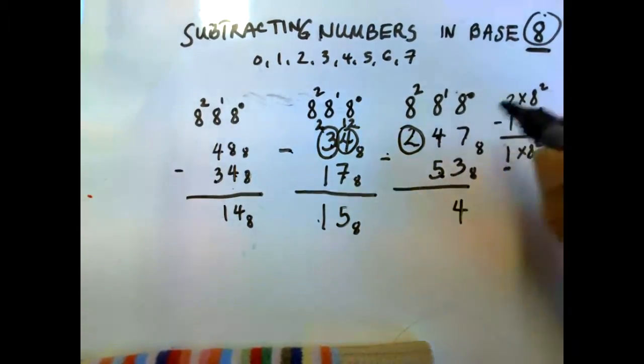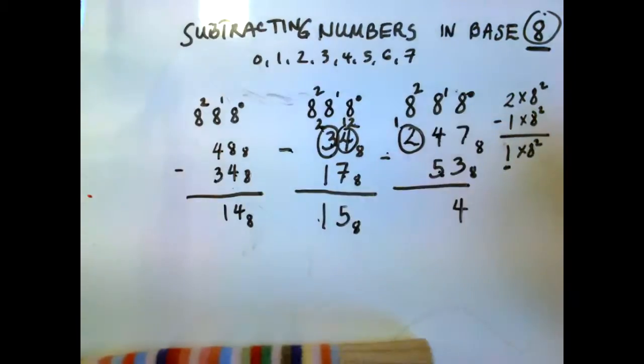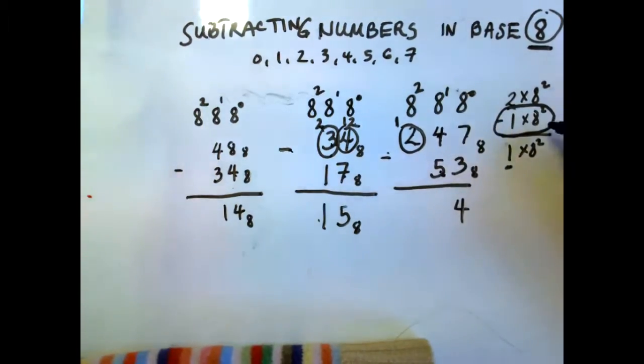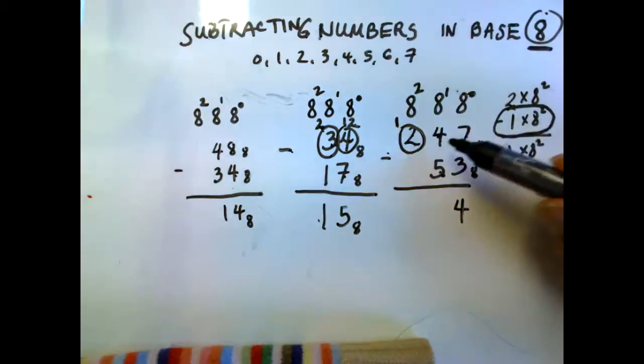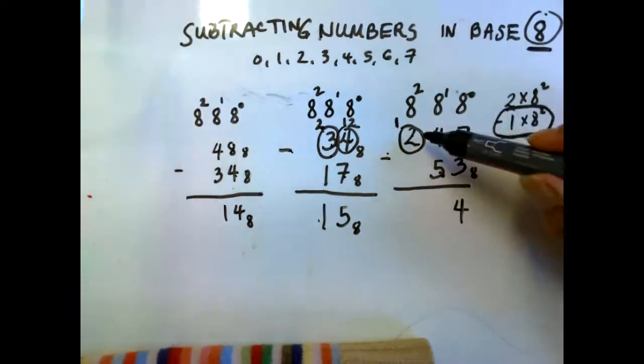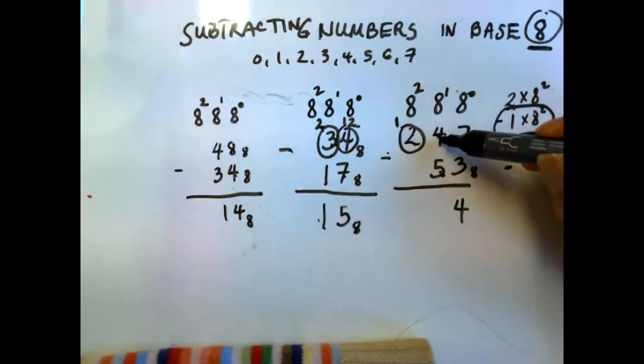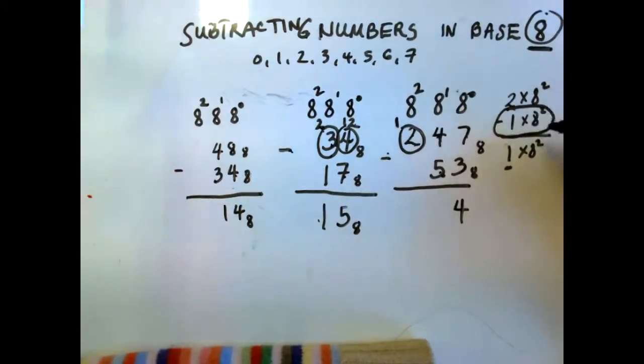That 1 here is what we're going to put there. Now this 1 that you borrowed is 8 groups of 8. You borrow 1 group of 8 squared, so this becomes 8 groups of 8.